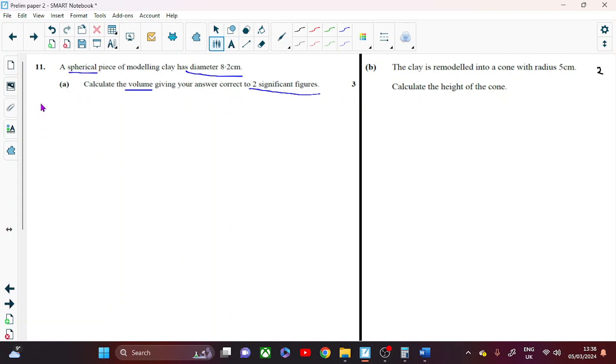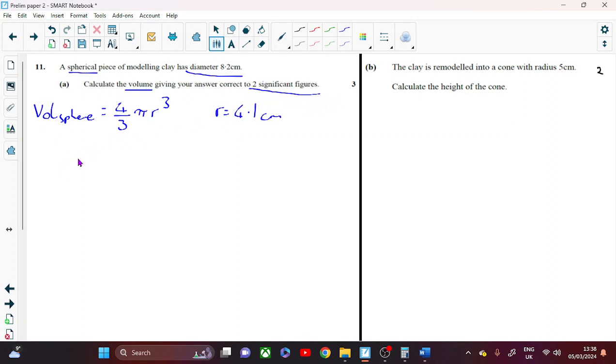Our formula for the volume of a sphere is 4/3 pi r cubed. Our radius is half our diameter, so r is 4.1 centimetres. You don't need to put the centimetres. And we need to work that out correct to 2 significant figures.